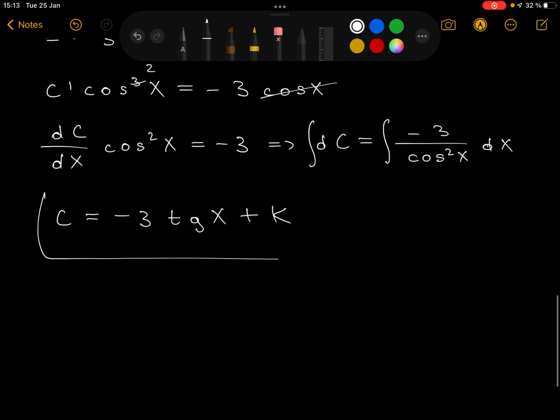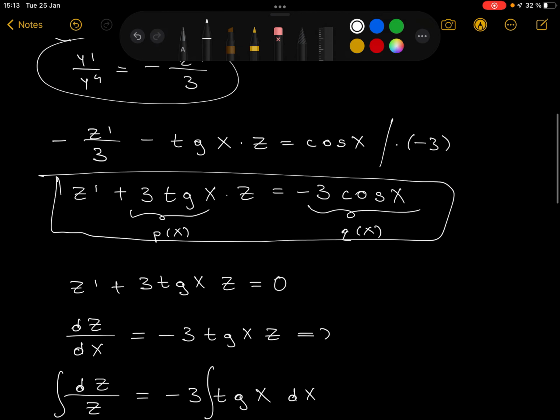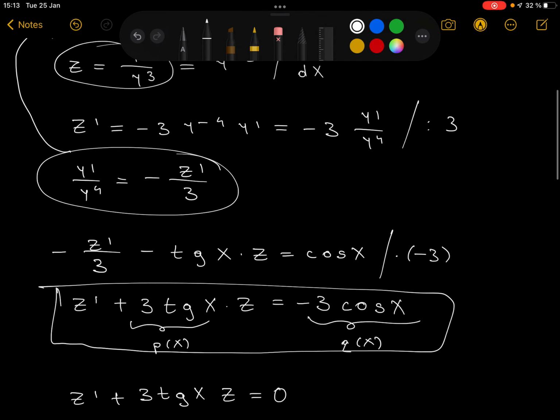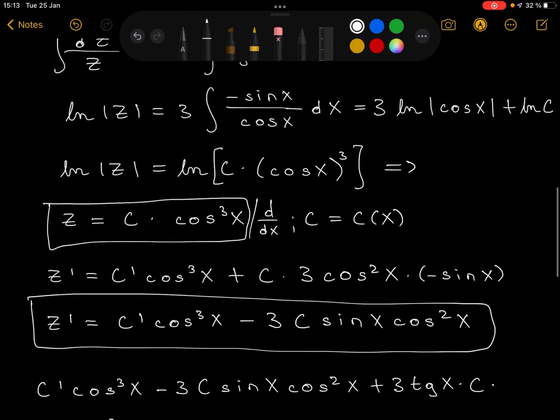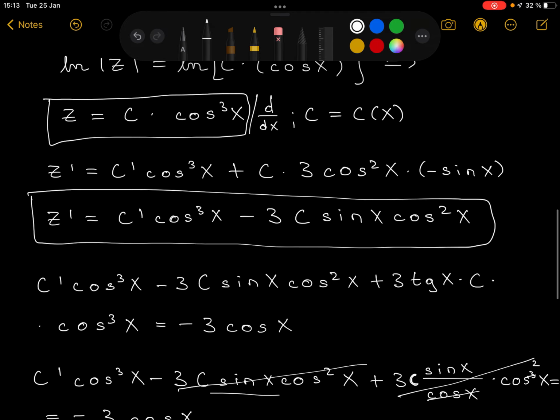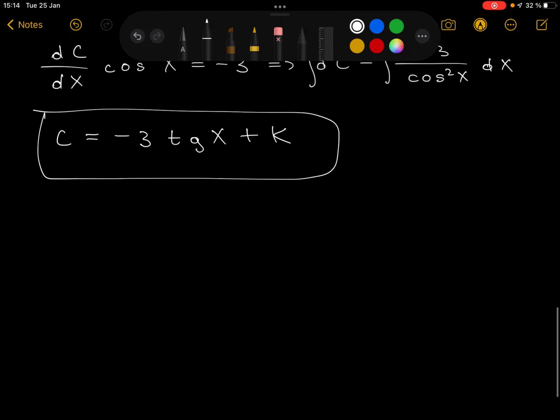Okay, now when we've got the function c, we'll put it back into our solution of our homogeneous function, where we said that z is equal to c times cosine of x to the third power.